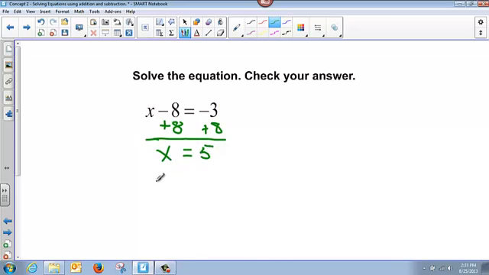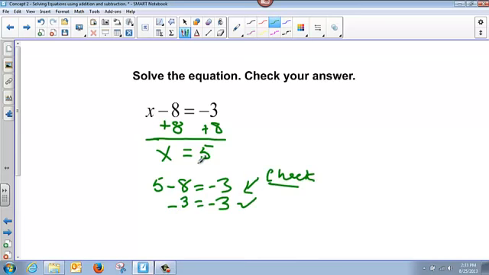So 5 minus 8 equals negative 3, and it does. This is the check down here. We're checking. Check your work. And so we're good to go.